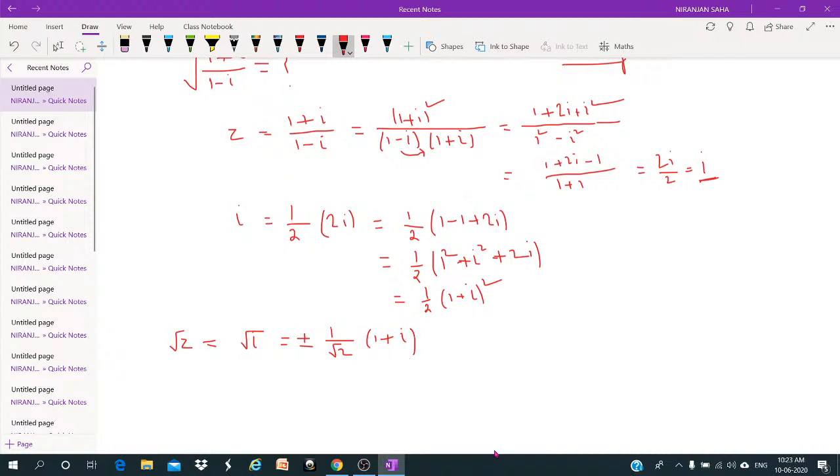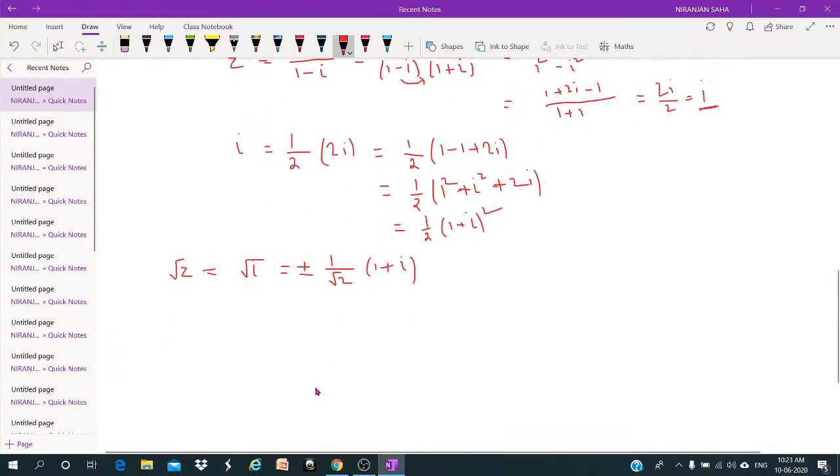Another method is for hard complex numbers, where you cannot simply find the square root. Then you use this method, and it will bring the result.